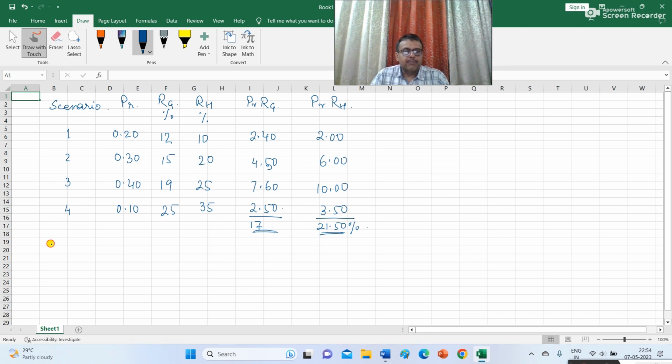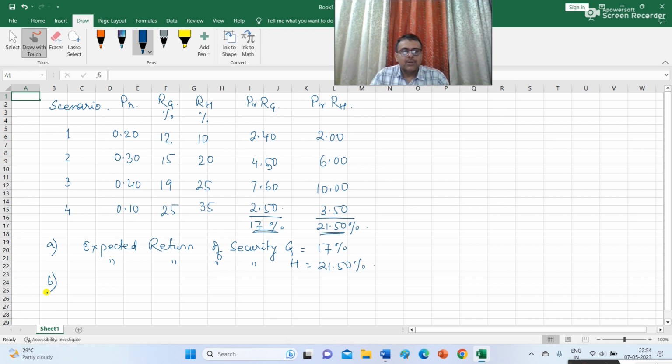So in part A, we are supposed to calculate the expected return. First you need to calculate the expected return of security G, which is 17%, and the expected return of security H is 21.50%.